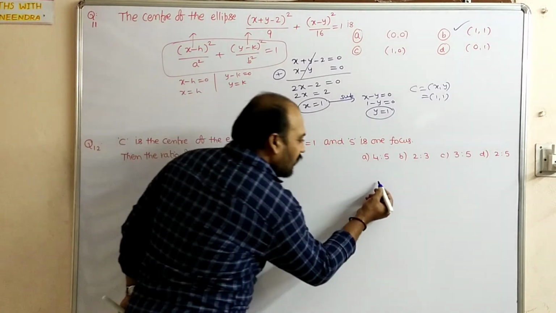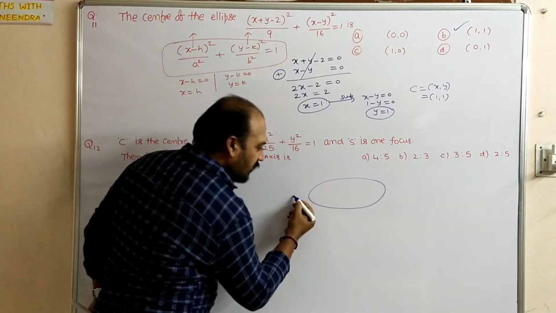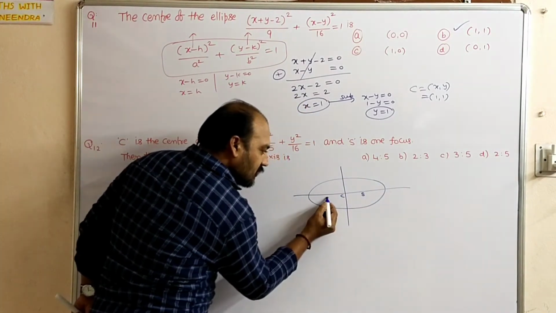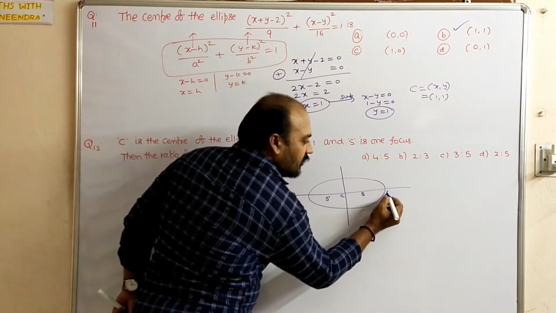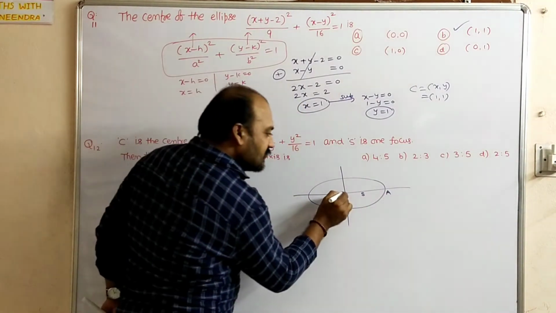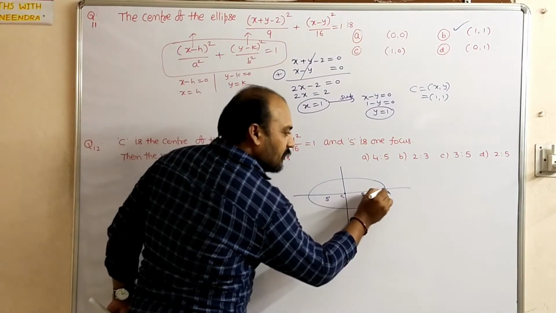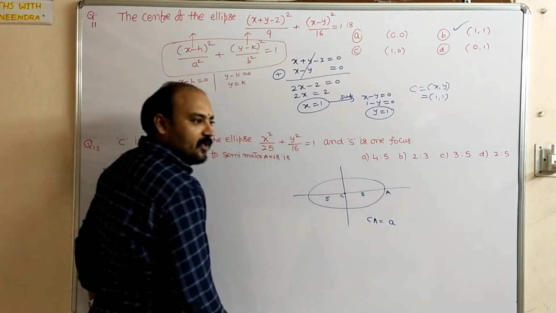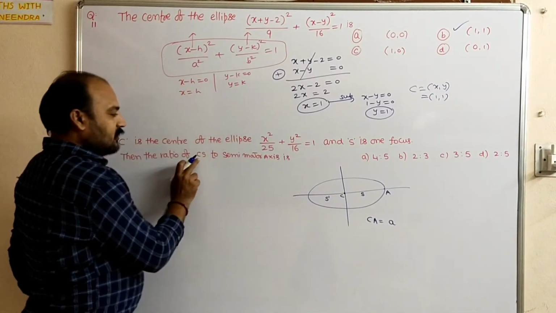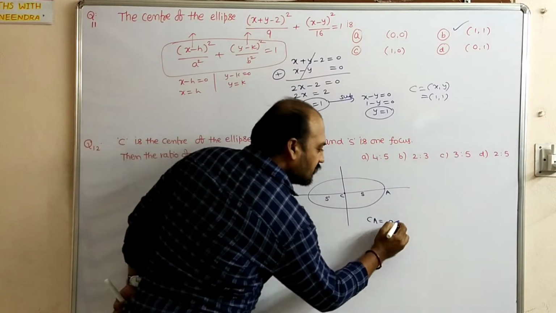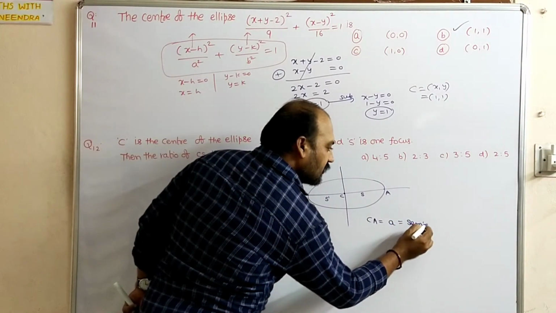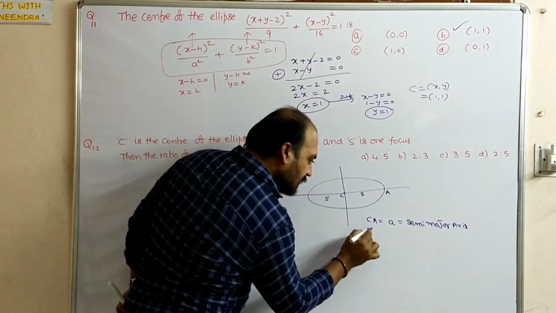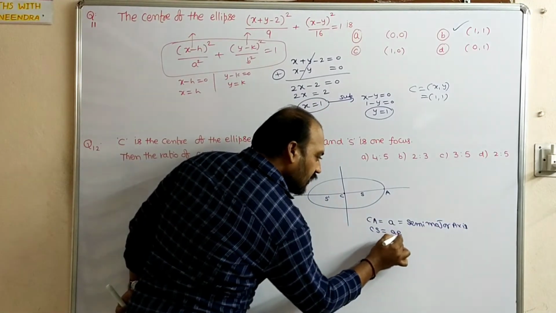If you draw the figure, this is the ellipse diagram: center, focus, another focus. CA is called the semi-major axis. From here to here, we know that CA is equal to small a. And CS, we know that the CS value is AE.